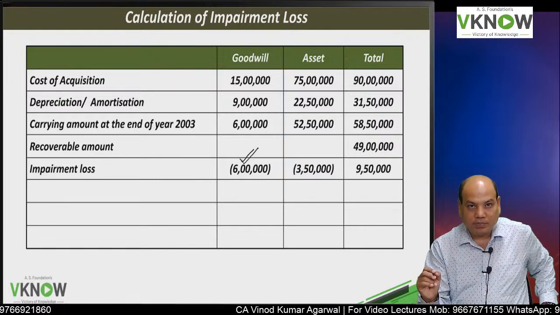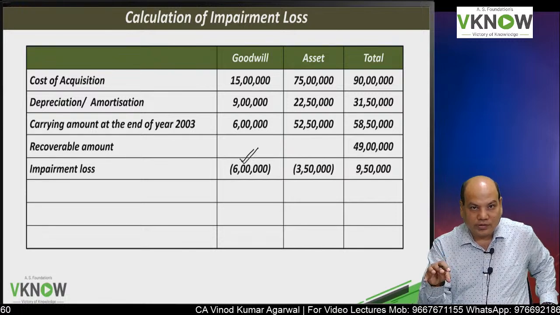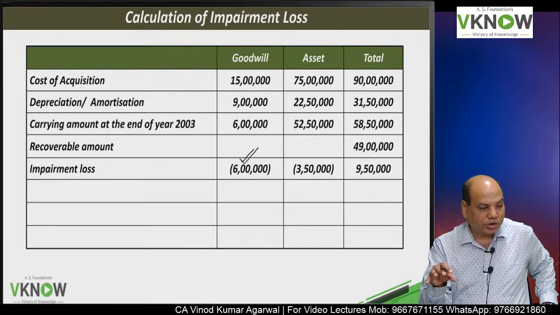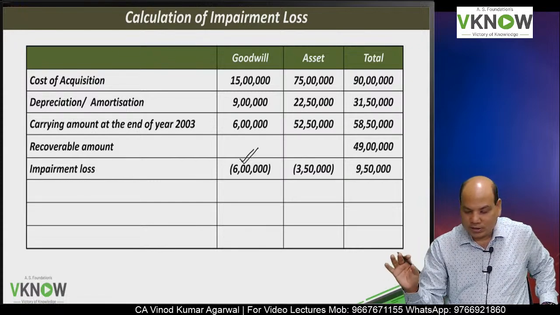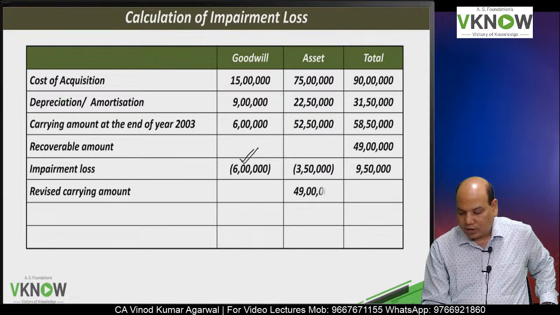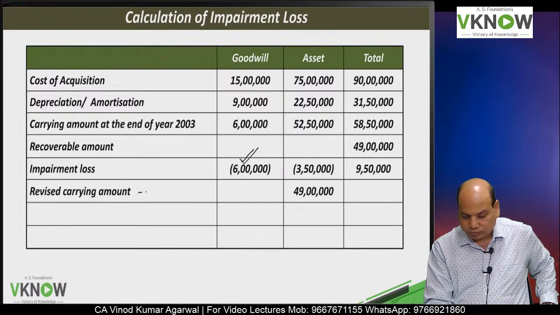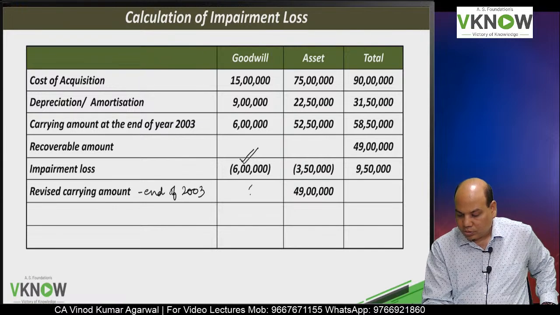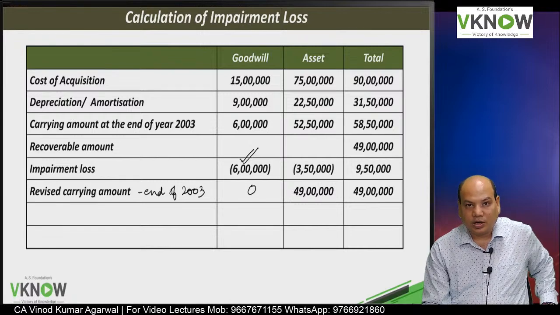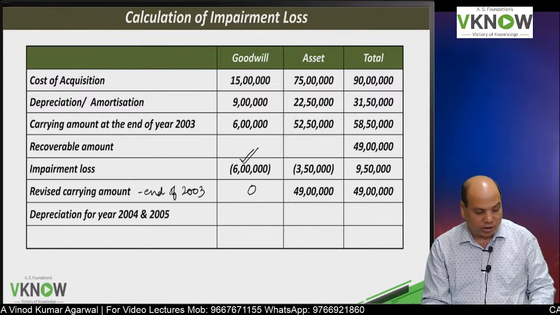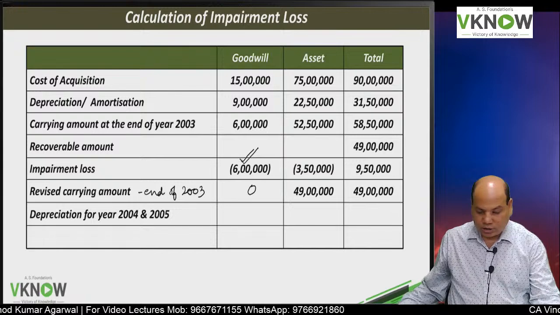Whenever there is an impairment and if goodwill can be allocated reasonably to that asset or CGU, first impair goodwill, then impair net asset. Revised carrying amount at the end of 2003, goodwill is 0, asset will be 49 lakh, total 49 lakh.